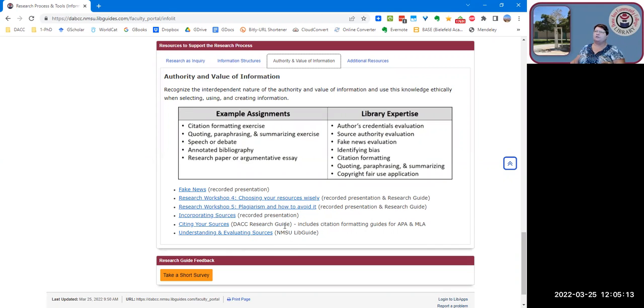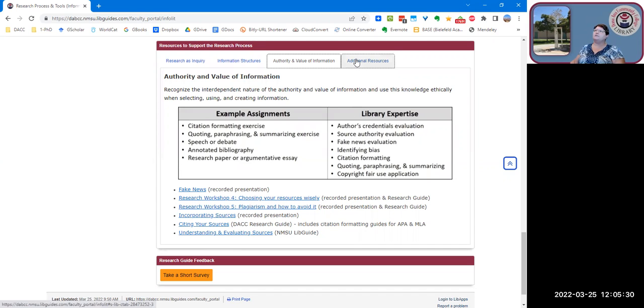Some of them are research guides, some of them are presentations, some of them are a combination of both. And then we also have sent you to NMSU, who has another very good live guide or research guide.